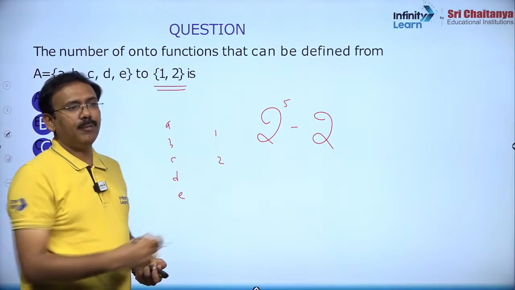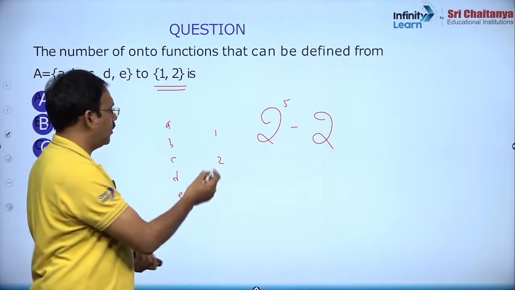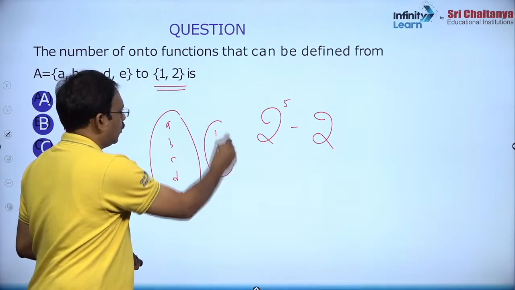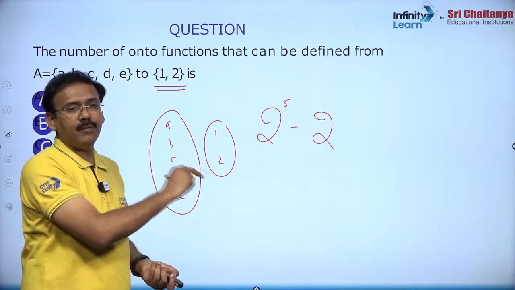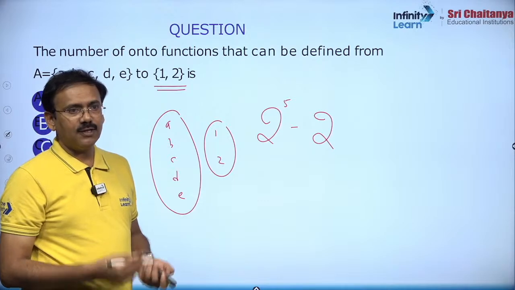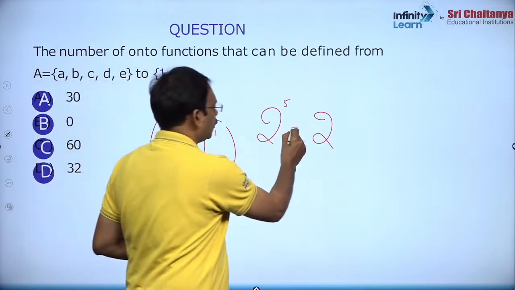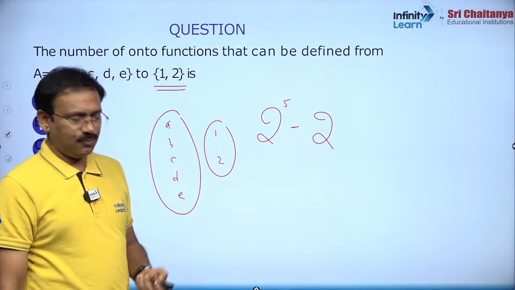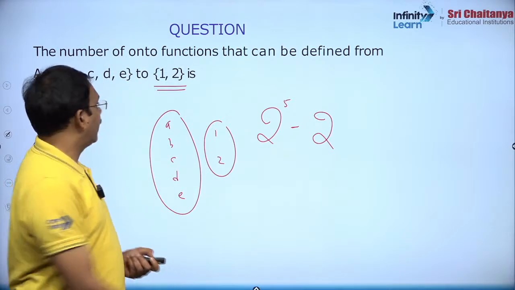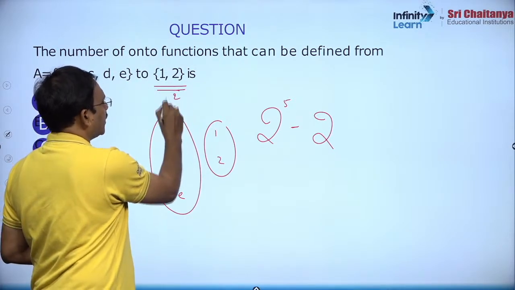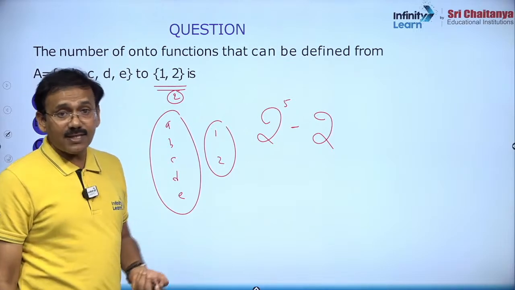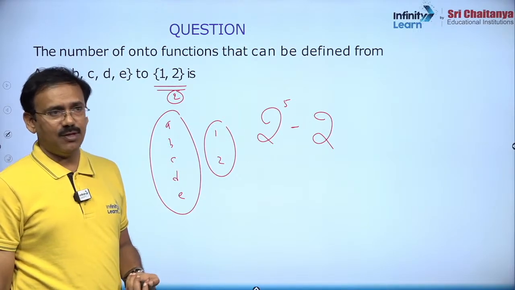When all are mapped to 1, that is not onto, because 2 will be free. When all are mapped to 2, 1 will be free. So except those two, all will be onto. So 2 power n minus 2 when n of B is 2, especially 2, my dear friends. Otherwise we have a lengthy formula that can be used.